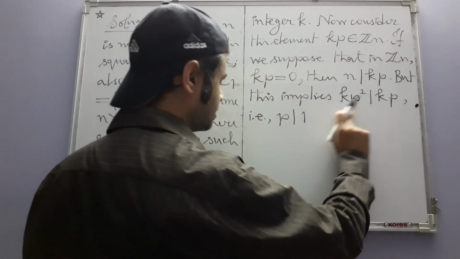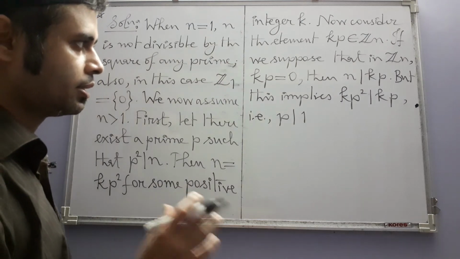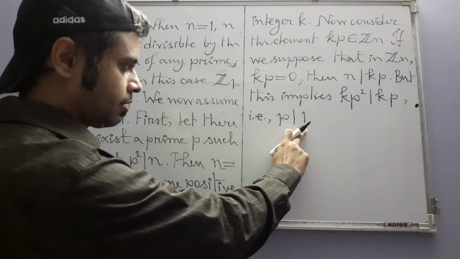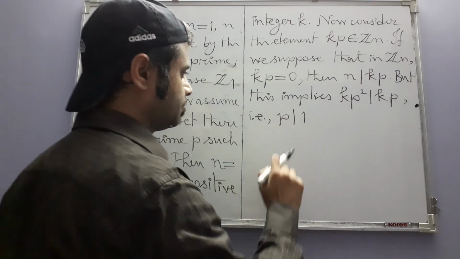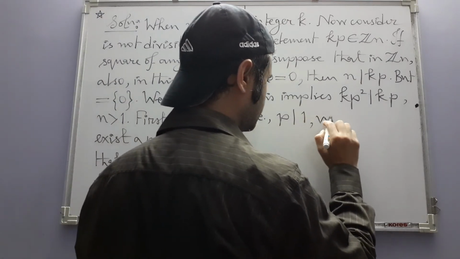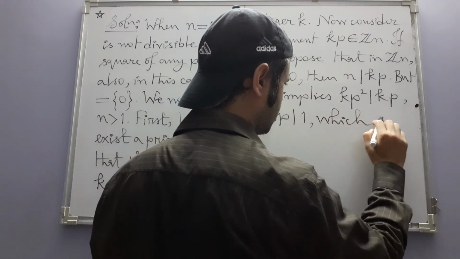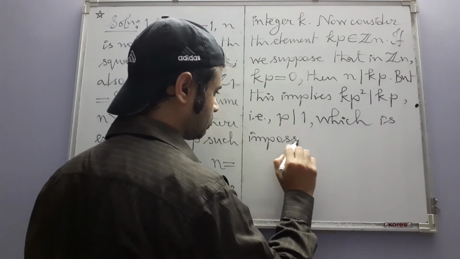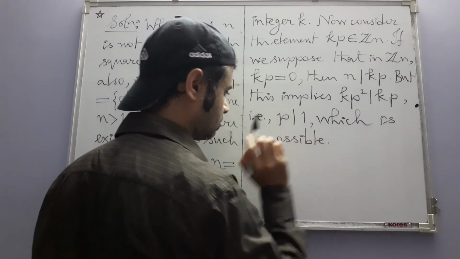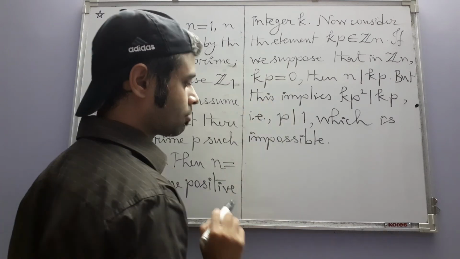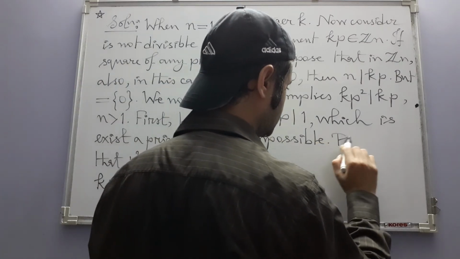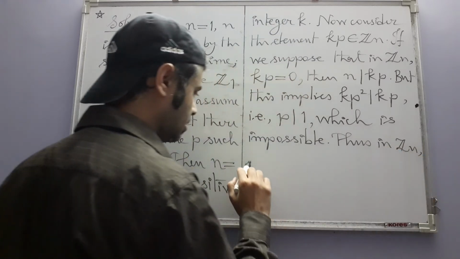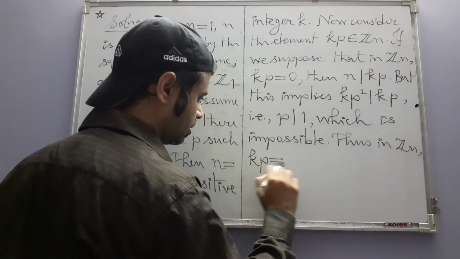If you turn this divisibility relation into an equation and then argue, you will get another such divisibility relation, which is impossible. So that means kp is not equal to 0. Thus, in Z_n, kp is a non-zero element.